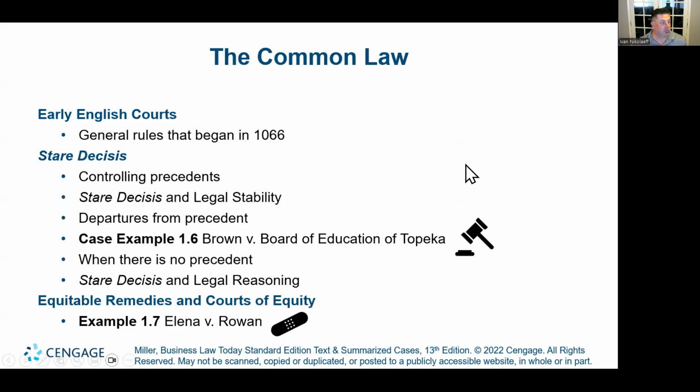All right, so now we know a little bit more about stare decisis. Way back when in 1066 is when we started to develop certain rules that came about in England. And one of the things, and we'll probably learn this more later on, is that where law comes from tends to be where we sit as a society at some point in time.